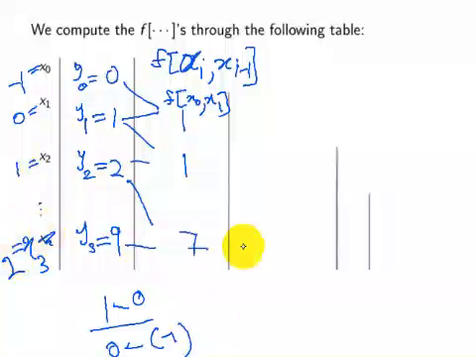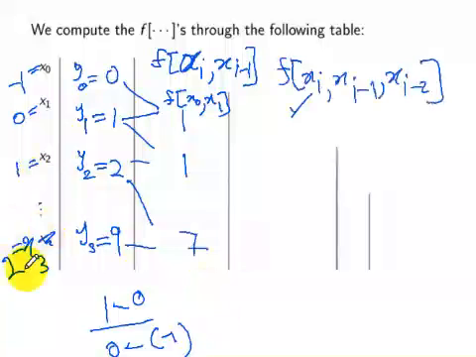Alright, now we move to the next level. So here we basically consider three neighboring points. This involves x0, x1, x2.